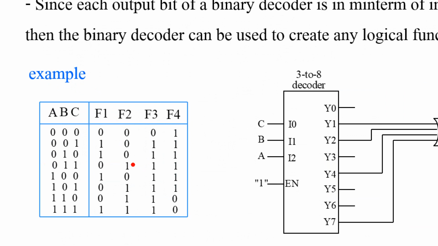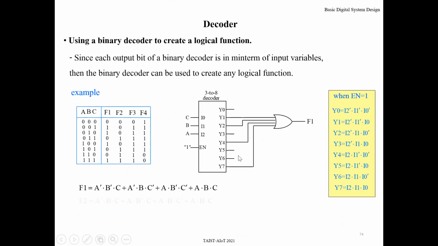For f2, let's combine this and this, namely 0, 1, 1, y3, 1, 0, 1, y5, 1, 1, 0, y6, 1, 1, 1, y7, all together. Then we can obtain function f2.